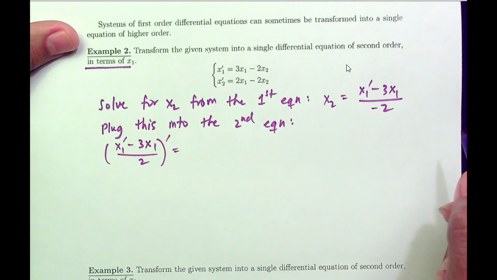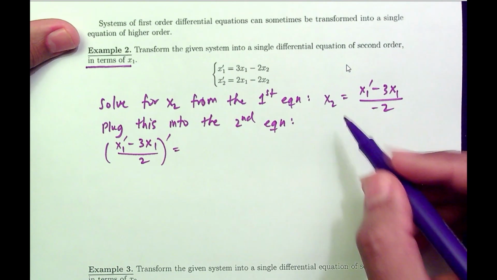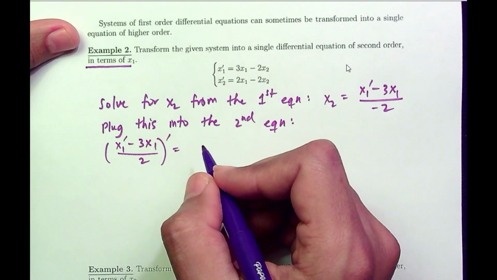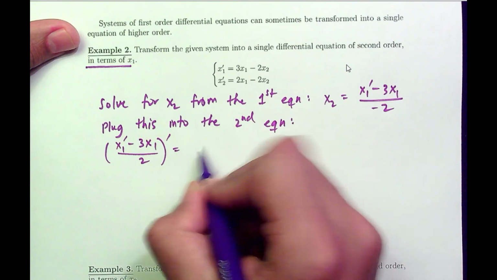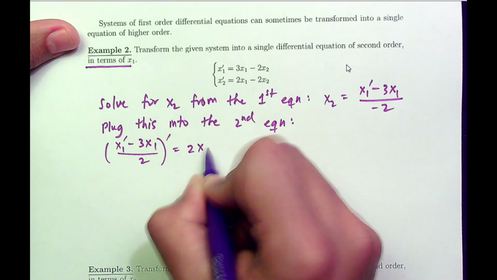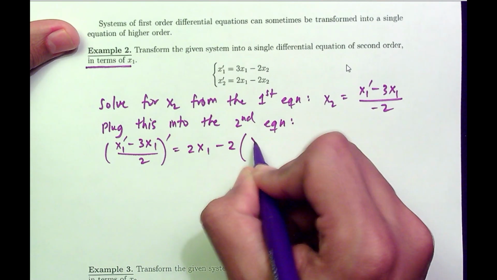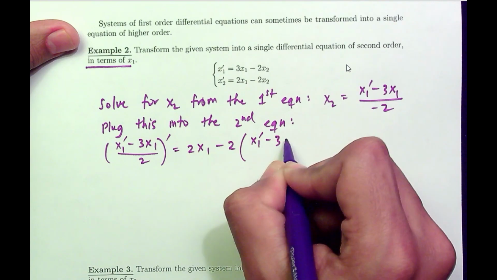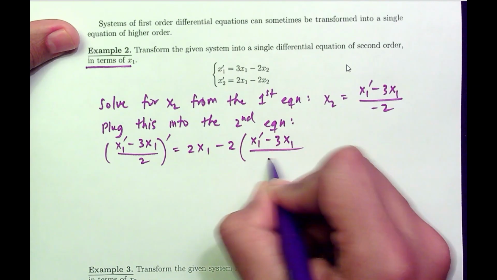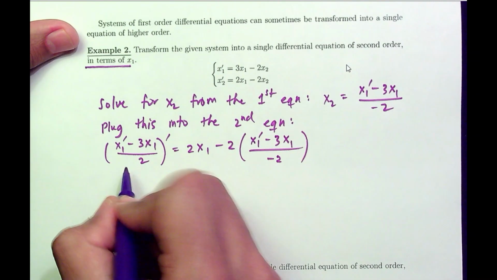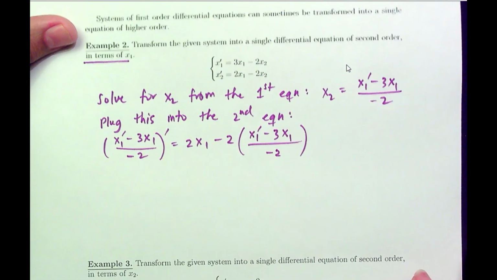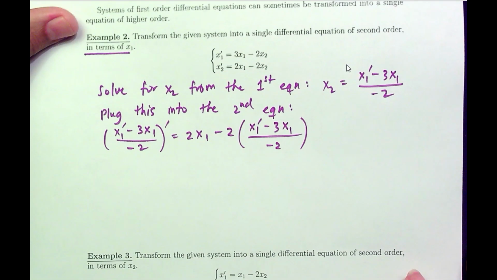So that will be the left-hand side, replacing x2 with this. Equals 2x1 minus 2, and then I write that, which is x1 prime minus 3x1 over -2. Oh, and I forgot the -2 from there. Okay.